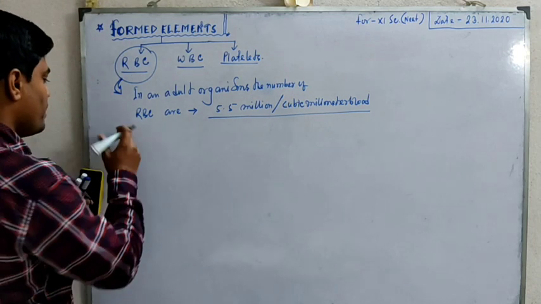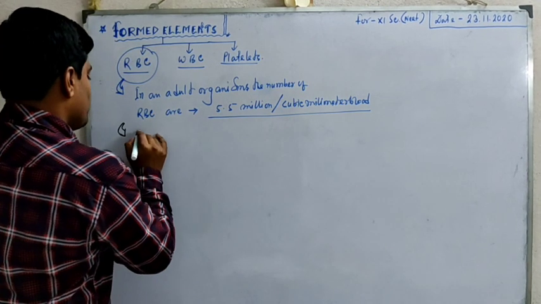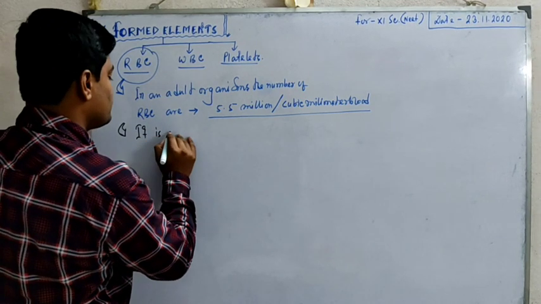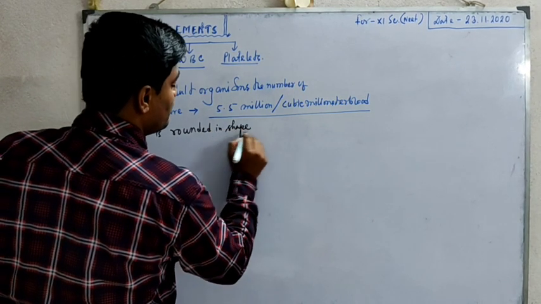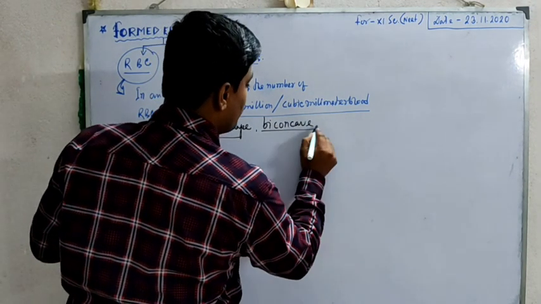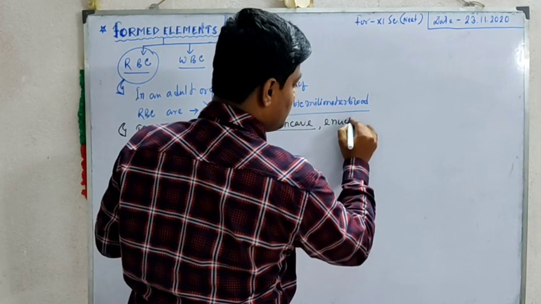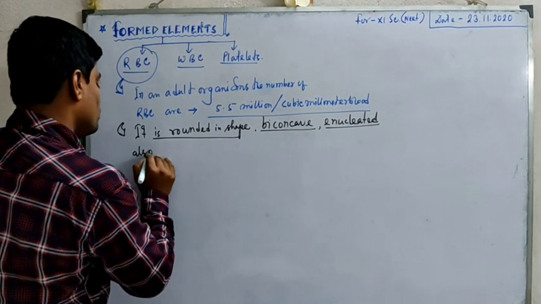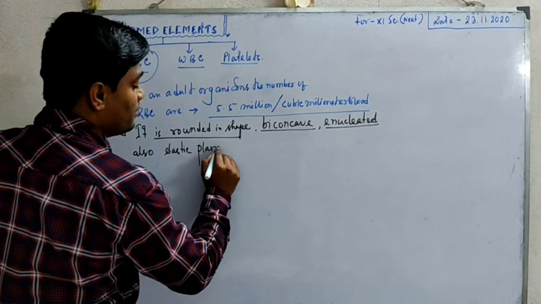Next, what is the structure of RBC? We are now describing the structure of RBC. It is rounded in shape, biconcave, enucleated, and also has an elastic plasma membrane.